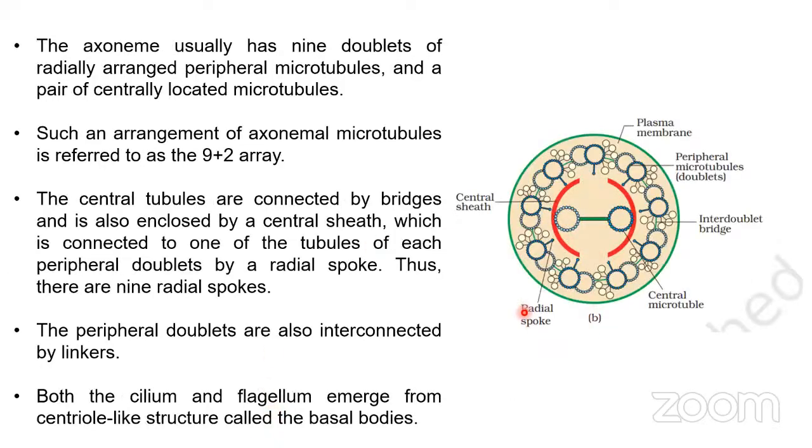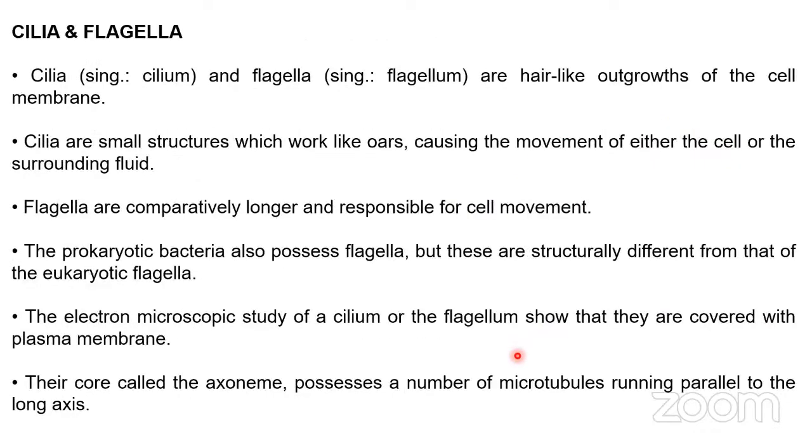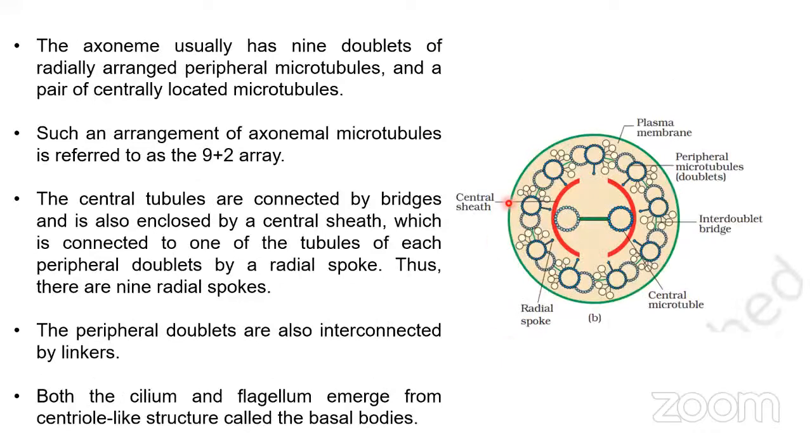So this is basically the section of the cilia, and we can see that the axoneme usually has 9 doublets of radially arranged peripheral microtubules. These blue colored ring-like structures are basically the peripheral microtubules that are present in the form of doublets, that is two present together.